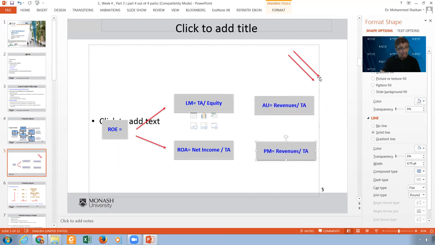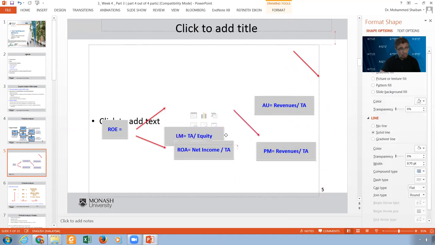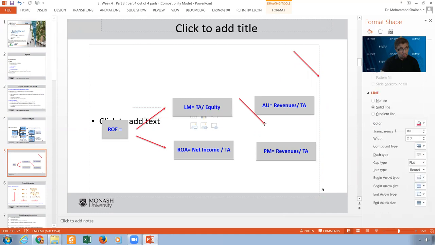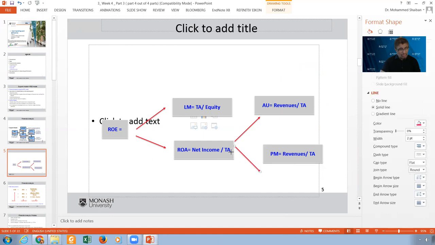And this is why, when we want to analyze this one, we have to analyze every part here. Which means now we don't actually analyze the ROE, but we are analyzing the AU and PM when we take the ROE.